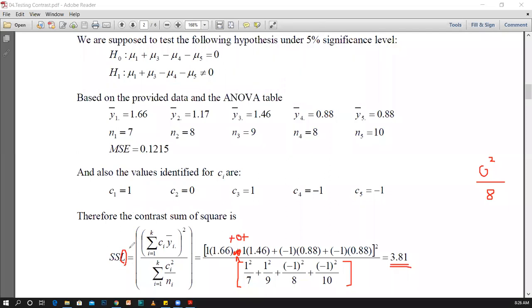At the very beginning also, we defined contrast using the letter L. That is why we are using the letter L rather than SSC. But anyhow, even though it is SSL, we are defining this notation as the contrast sum of squares. Therefore, for the above example, the contrast sum of squares is equal to 3.81.